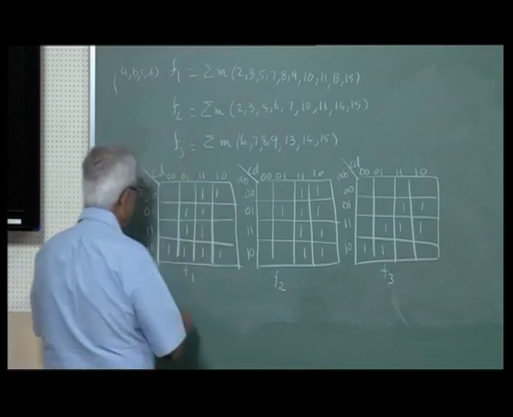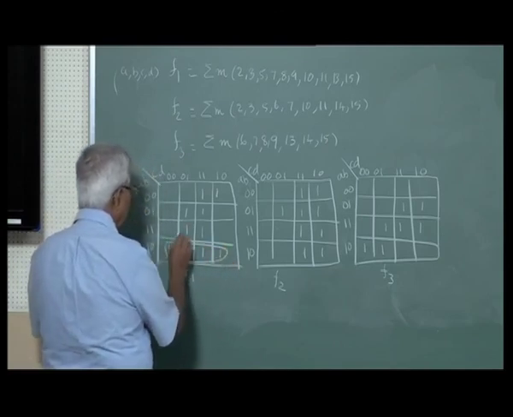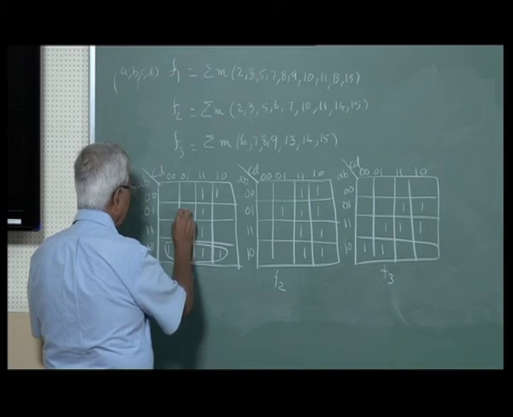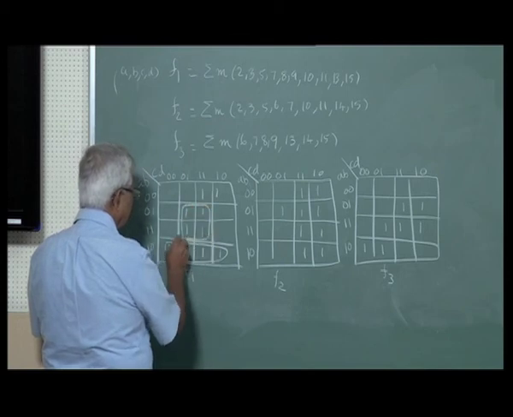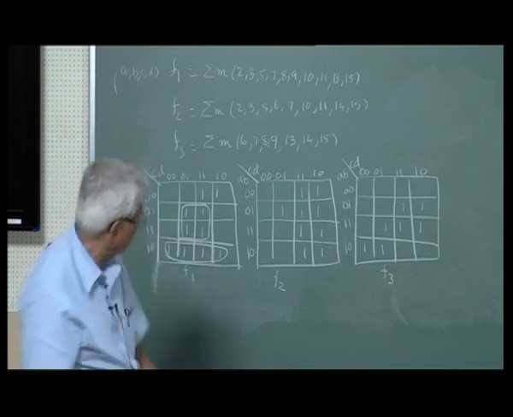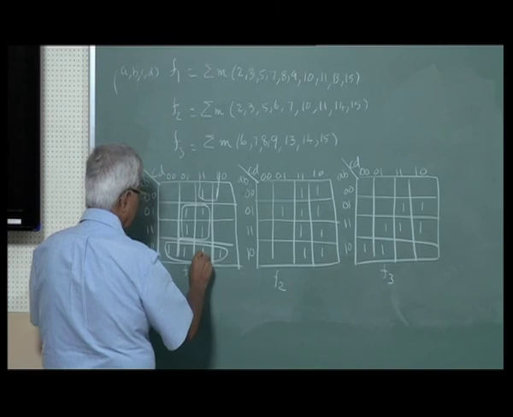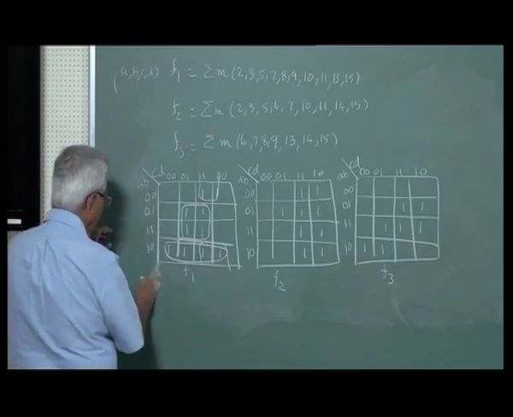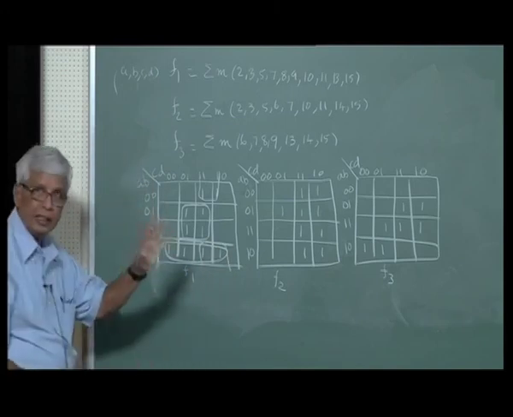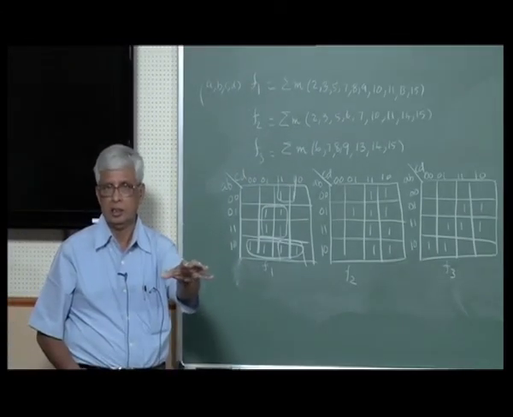This should be 1, this will be another, and this will be third. I will write it as without considering common product terms between functions.